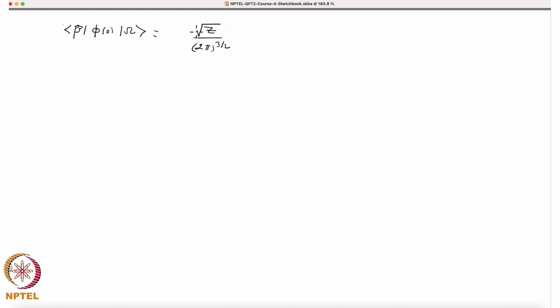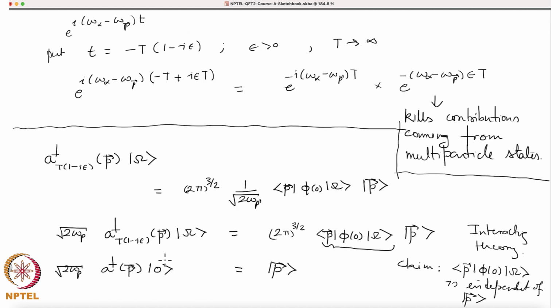I am calling it root z divided by 2 pi 3/2, and the reason I put 2 pi 3/2 is this factor. Now this is equal to root z divided by 2 pi 3 halves.